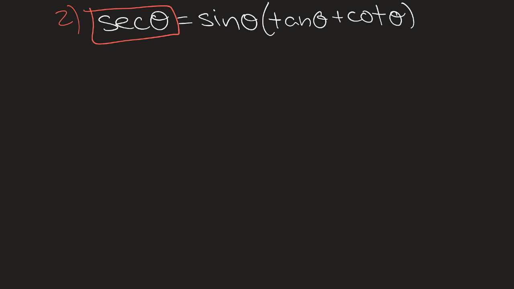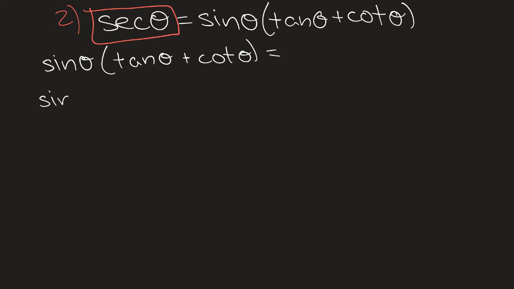So I'm just going to write it so I know what I'm working with. I'm going to distribute that sine first off. That's sine theta tan theta plus sine theta cotan theta.